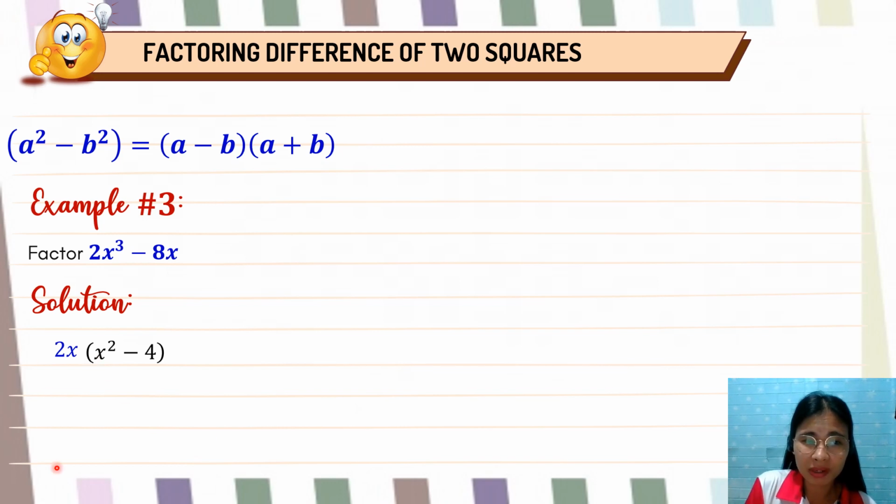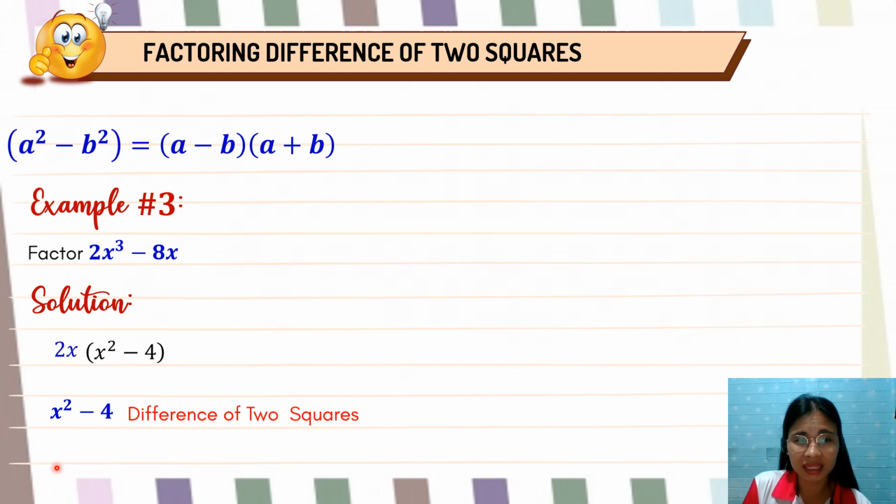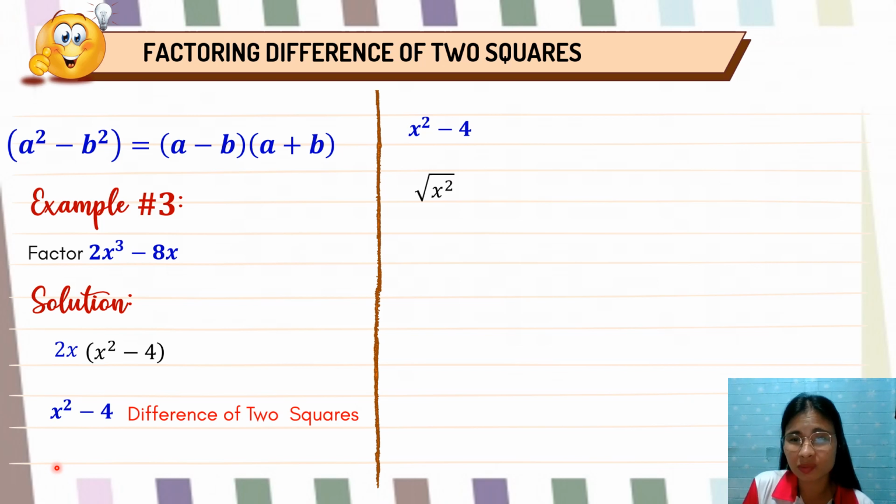Now, x squared minus 4, the resulting expression, one of the factors, turns out to be a difference of two squares. Get the square root of the first term: the square root of x squared is x, and the square root of 4 is 2.